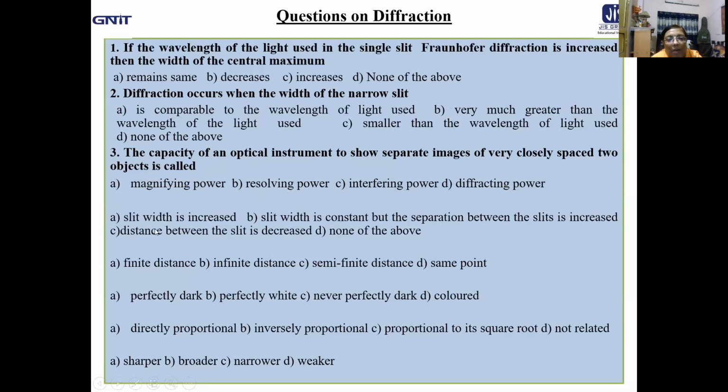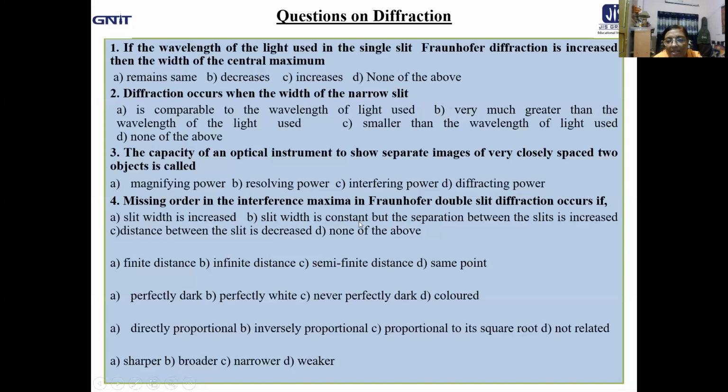Clear? Now, next options. Slit width is increased, slit width is constant but the separation between the slits is increased, distance between the slits is decreased, none of the above. So what about the corresponding question? Missing order in the interference maxima in a double slit diffraction occurs if the slit width is constant but the separation between the slits is increased.